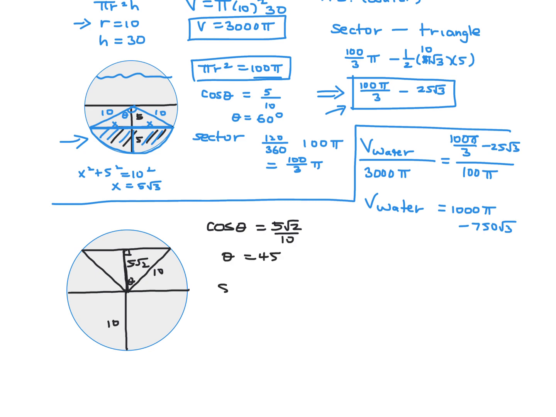So that means that sector, let me just draw it in here, this sector right here, that's going to be 90, the total angle from there to there, over 360 times the total area, which we had calculated up here as 100 pi.